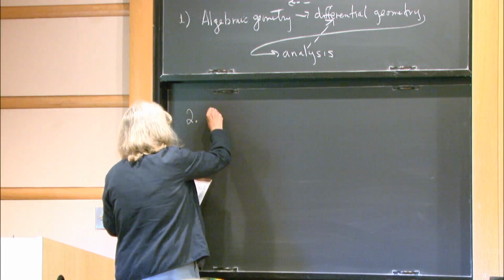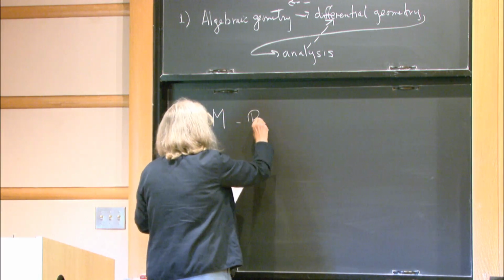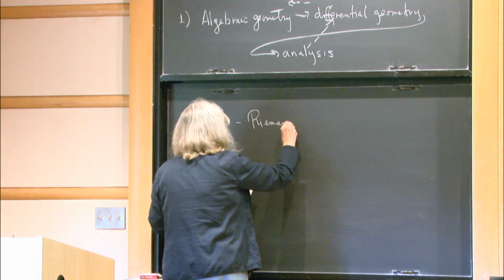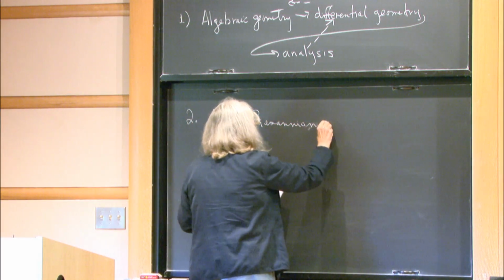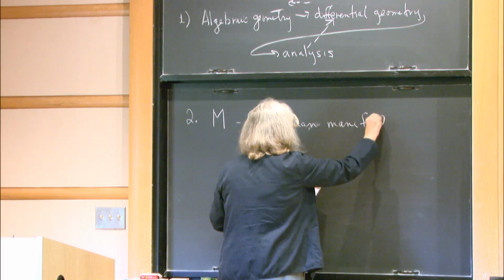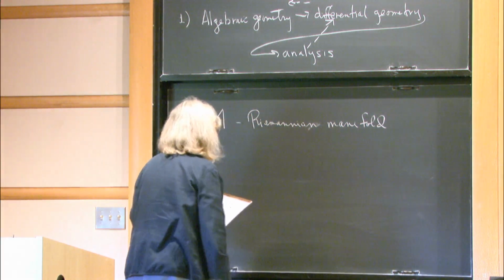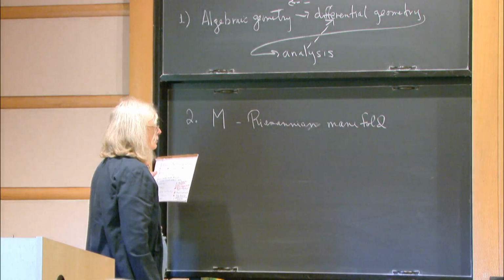So my manifolds are M. In this case, it's a Riemannian manifold. And of course, a Hermitian-Einstein manifold is a Riemannian manifold.